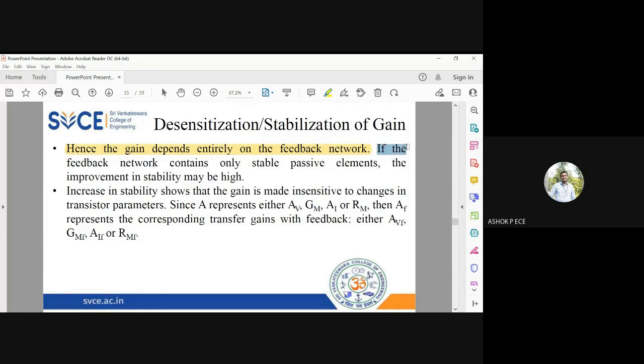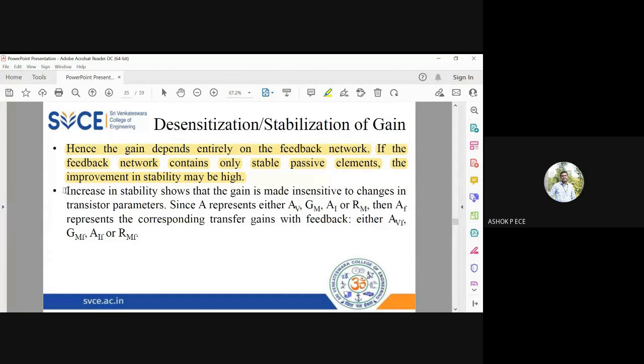If the feedback network contains only passive stable elements, the improvement in gain stability is very high. The feedback network will usually contain a resistor or a capacitor or an inductor. All these are passive elements, and all these are stable elements also. So if your feedback network contains only these types of elements, then the improvement in stability will be very high.